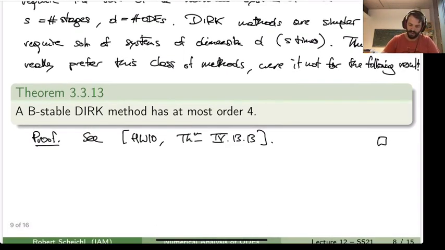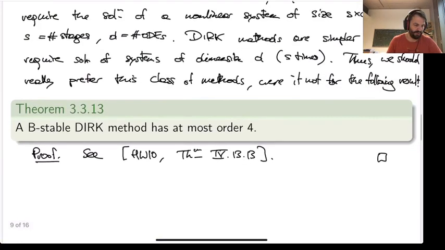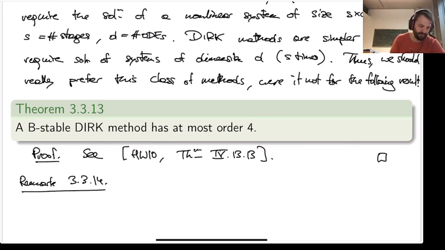One more thing to add is the following remark before we get to the construction of general Runge-Kutta methods, and that's a stability consideration.